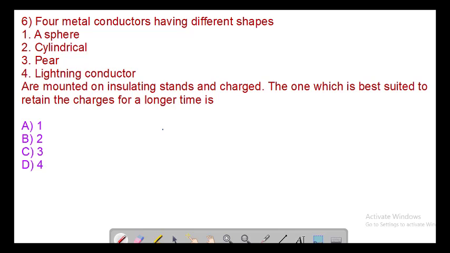The cylindrical has a few edges, so there will be more concentration of charges at the edges, and this is not suitable. But a sphere has no edges, so it is more suited to retain charges for a longer time as compared to the other three. The lightning conductor will lose charges at a very fast rate.